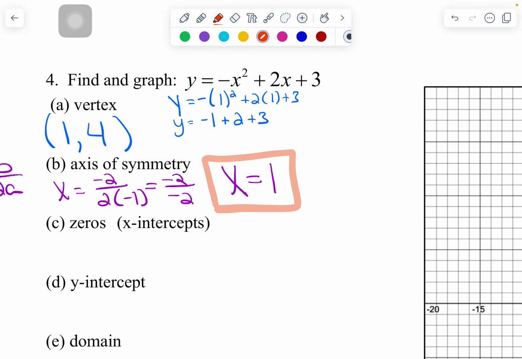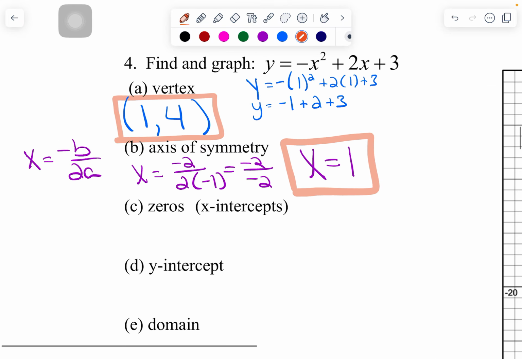Now I'm going to find my zeros, my x-intercepts. I'm going to make y equal to 0 for my x-intercepts. So 0 is equal to negative x squared plus 2x plus 3.